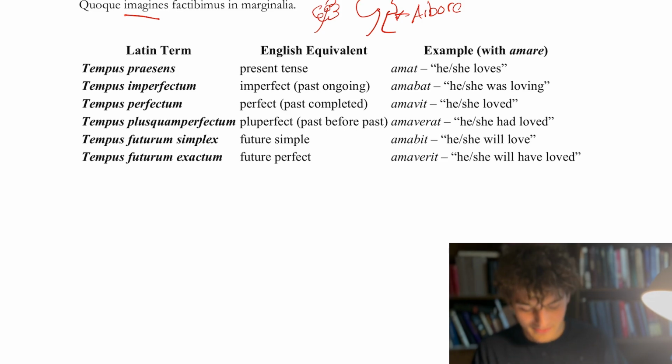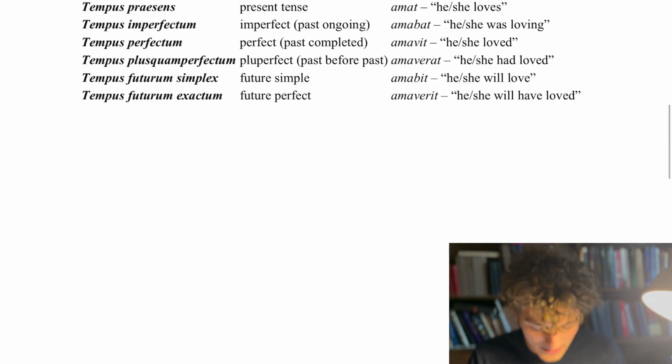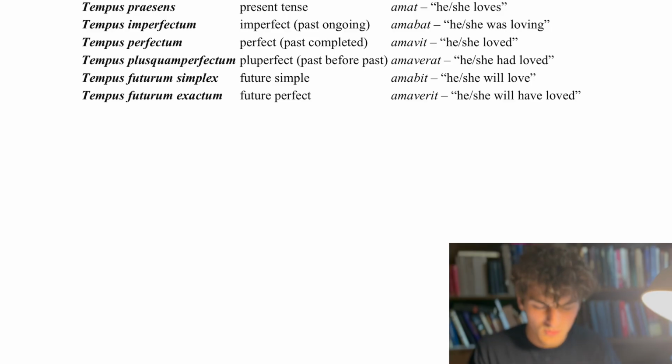And now we have, last but not least, the Latin tenses. Okay, so this is very important as well as we teach through tenses. Quid tempus est? Quid tempus habet hoc verbum? Tempus habet hoc verbum, rather.